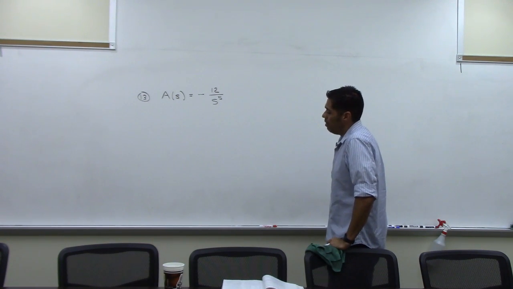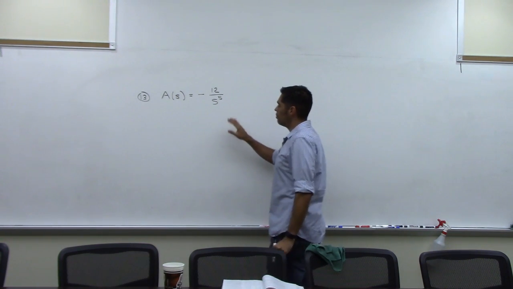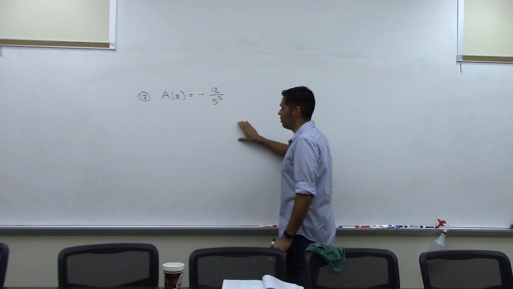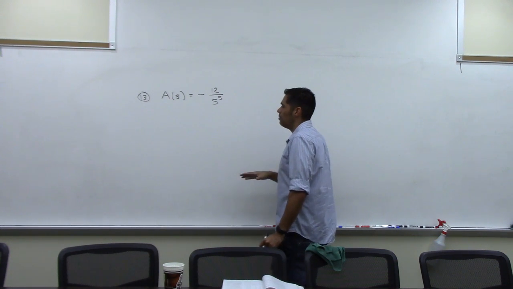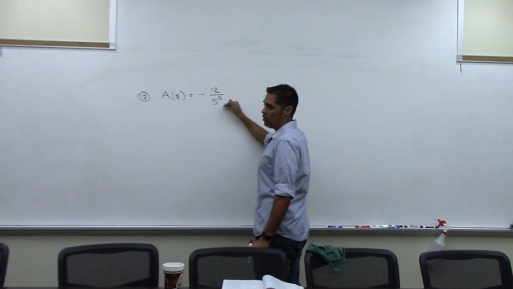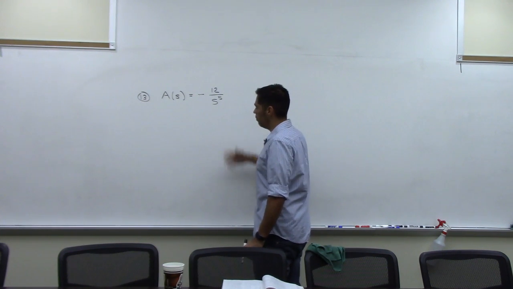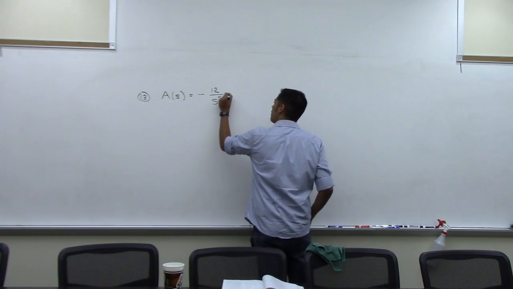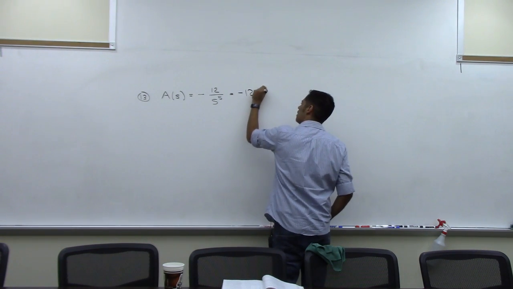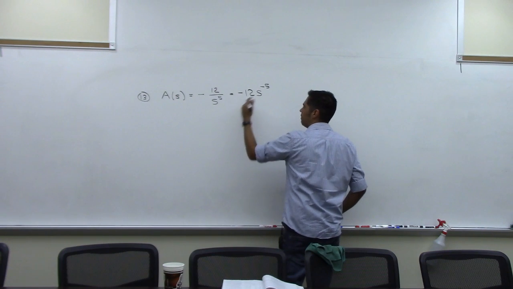All I'm going to do is use properties of exponents first to get this back to a single line instead of a fraction. Because right now, up to this point, we don't know how to deal with taking the derivatives of fractions, or what we call quotients. We will have a rule for that later. But for this, we can just say this is the same as negative 12 s to the negative 5. So just rewrite it first.